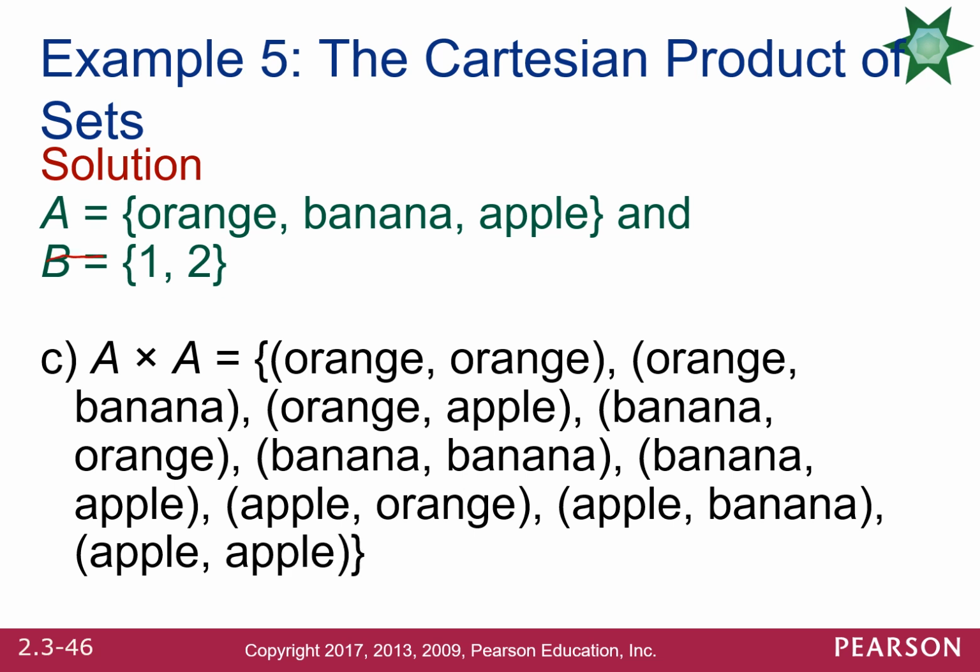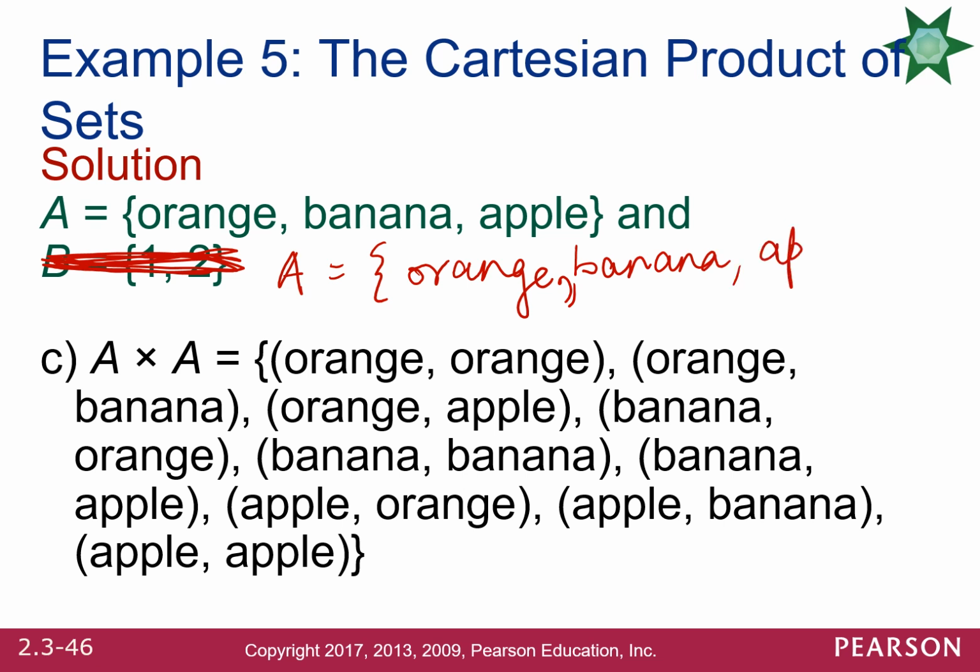So I'm going to, for the time being, cross the B out and write A equals orange, banana, apple, because that way it'll be easier to see what we are supposed to do. The same set we write below, and then we start pairing. So orange orange, orange banana, orange apple. And then banana orange, banana banana, banana apple, apple orange, apple banana, apple apple.